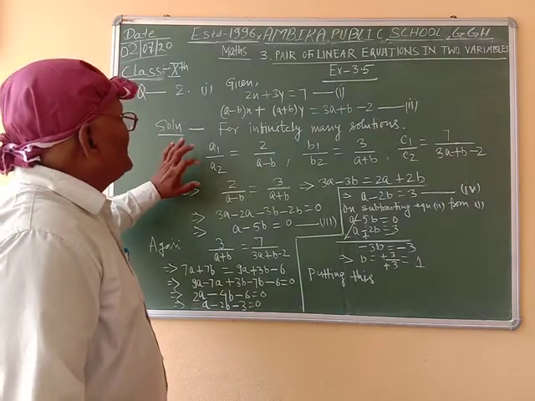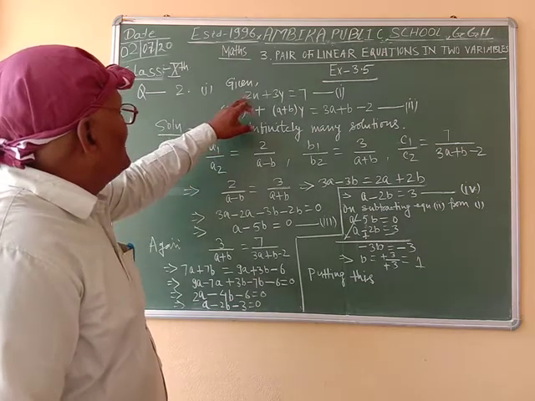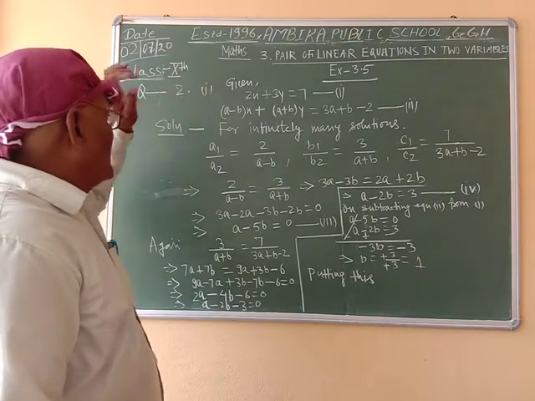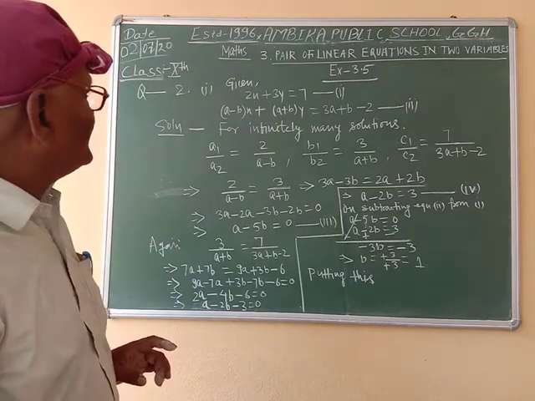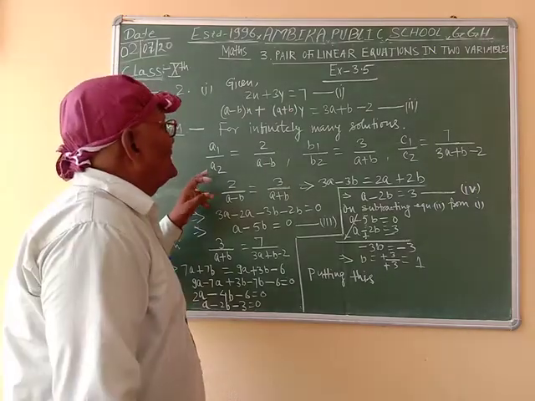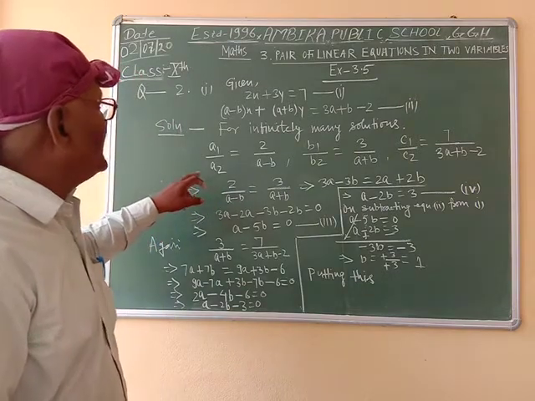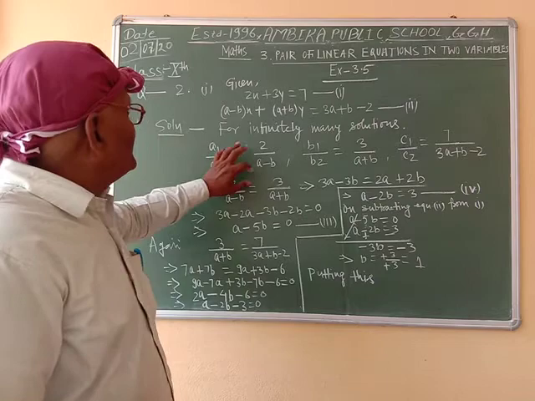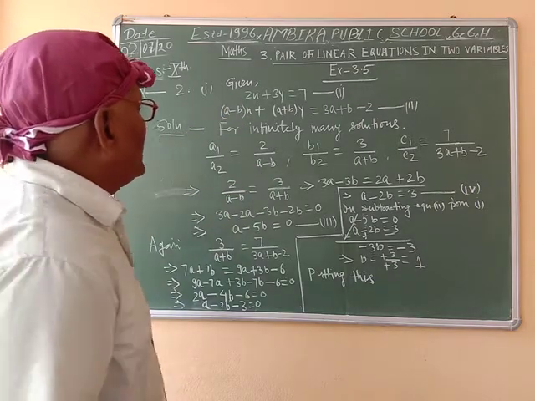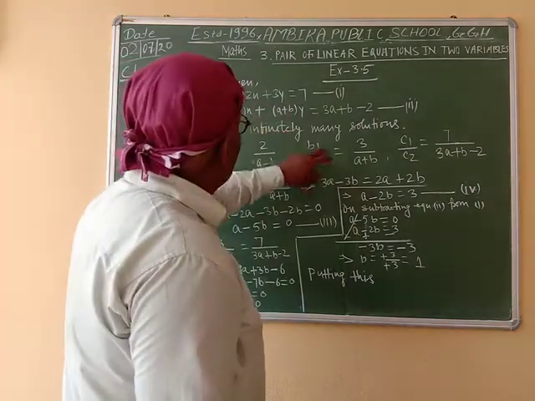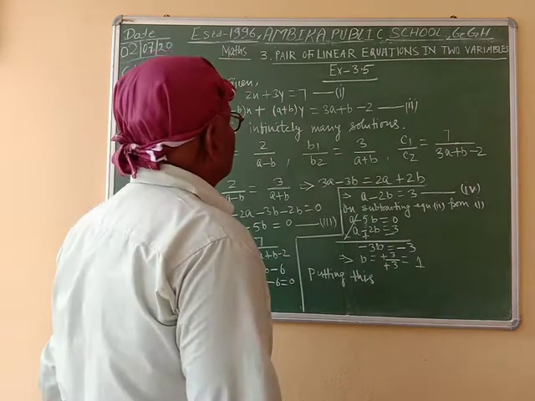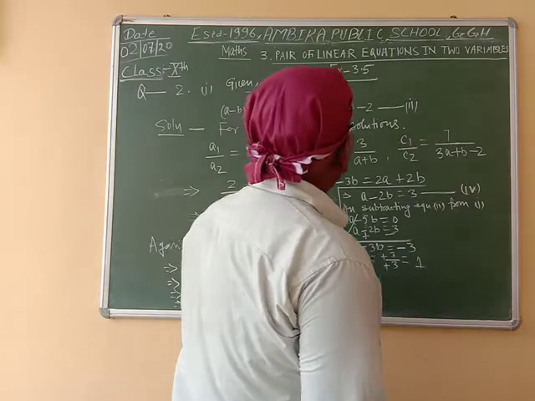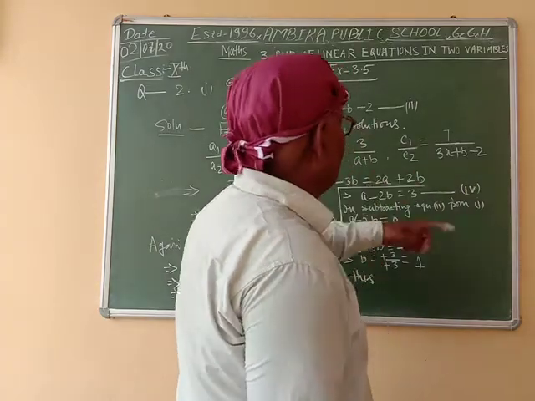Here a1 by a2 is equal to 2 by a minus b, because a1 means coefficient of x from equation 1, and a2 means coefficient of x from equation 2. So b1 by b2 is equal to 3 by a plus b, and c1 by c2, the ratio of constant term, is equal to 7 by 3a plus b minus 2.